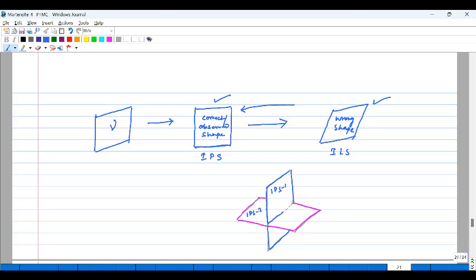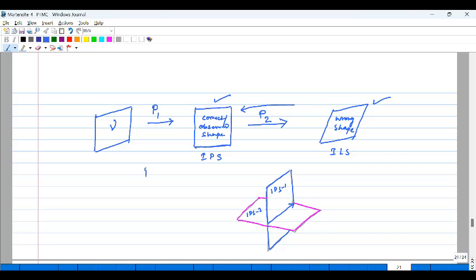So the intersection of two invariant planes is an invariant line. In other words, an invariant line strain can be factorized into two invariant plane strains. So if I add one more shear here, then this becomes an invariant line strain.